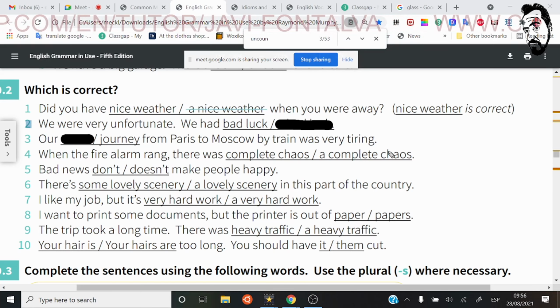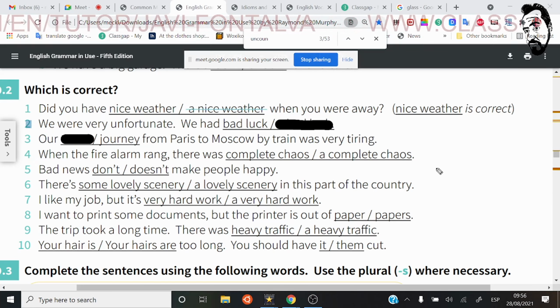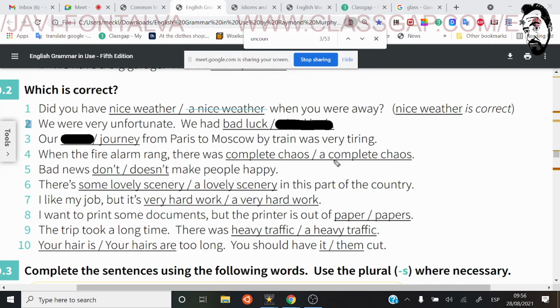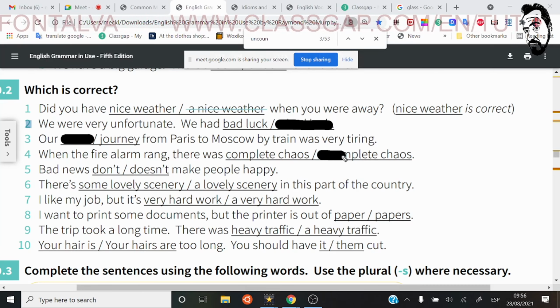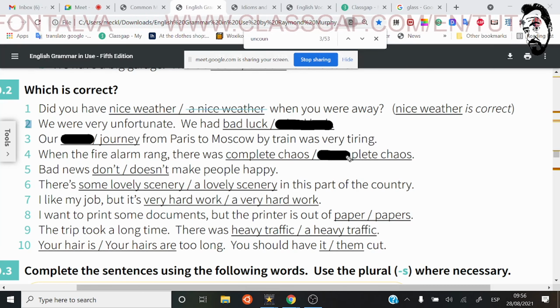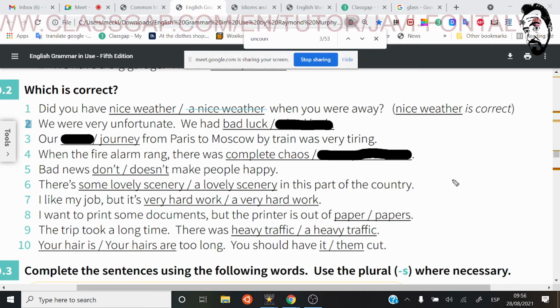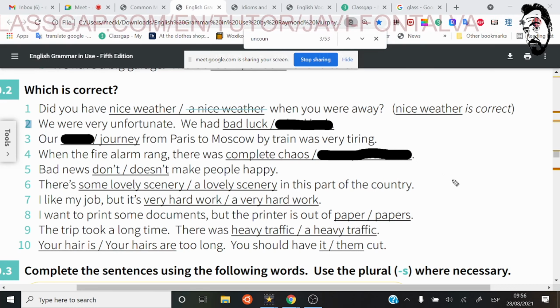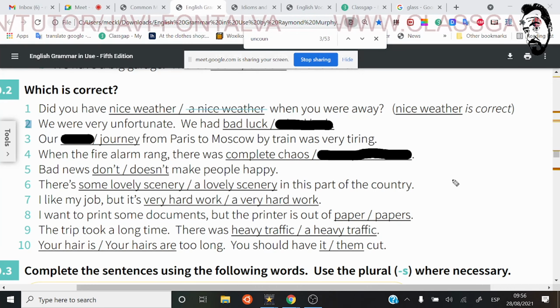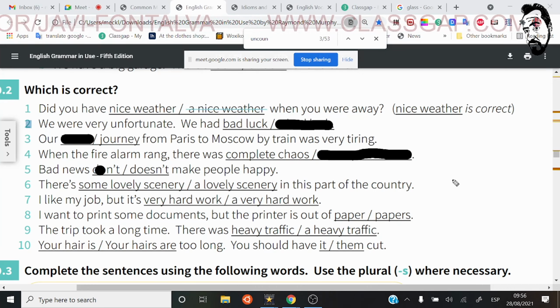Okay, number 4. When the fire alarm rang, there was complete chaos. Number 5. Bad news doesn't make people happy. Perfect.